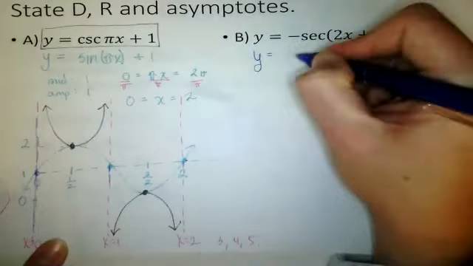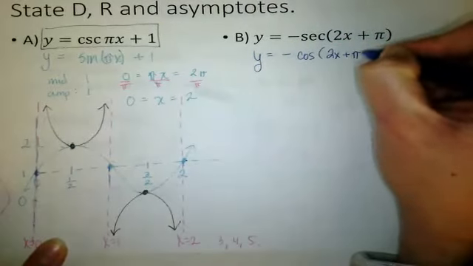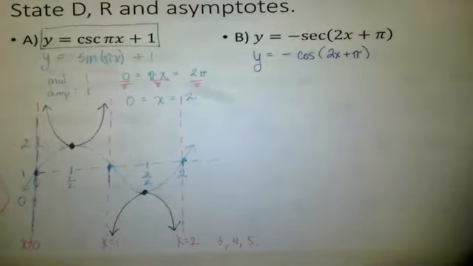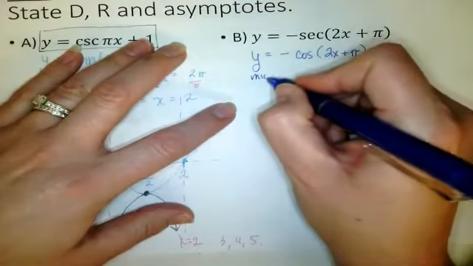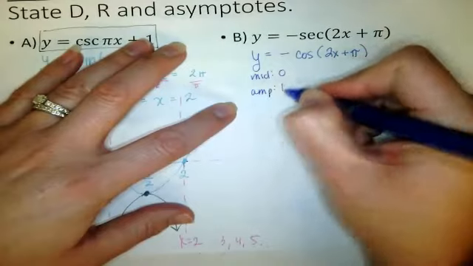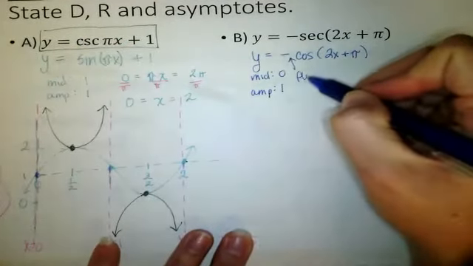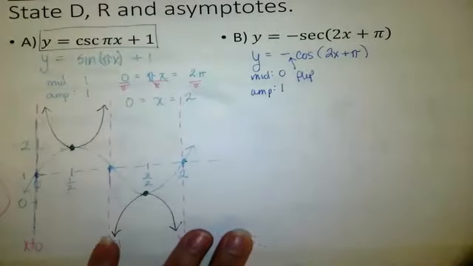So we're going to graph y equals negative cosine of 2x plus pi. To get going, what's the midline here? 0. What's the amplitude? 1. But what does the negative do? Flips our cosine. So we want to be aware of that.